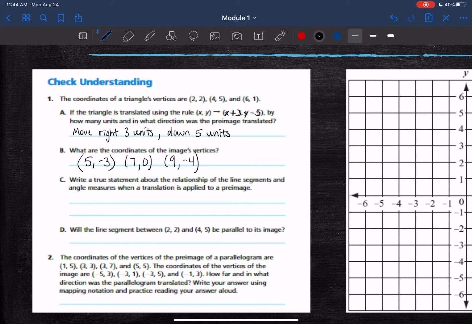Write a true statement about the relationship of the line segments and angle measures when a translation is applied. All right, we know that line segments and angle measures stay the same.